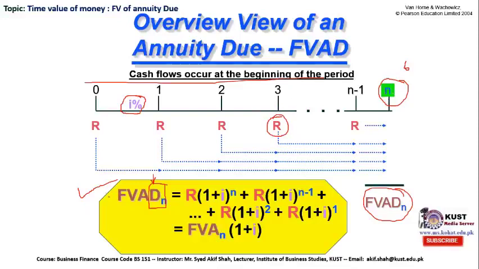The general formula for calculating future value of annuity due looks like this: FVAD subscript n, where n represents the number of years this investment opportunity will prevail, is equal to R, our periodic cash flow, which is 1000, times (1 plus I) raised to the power n.